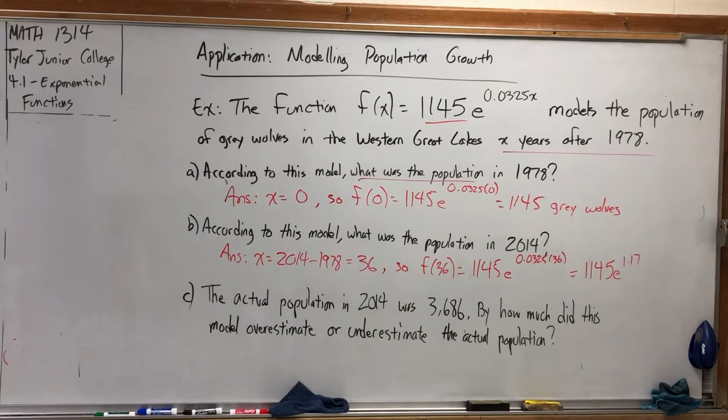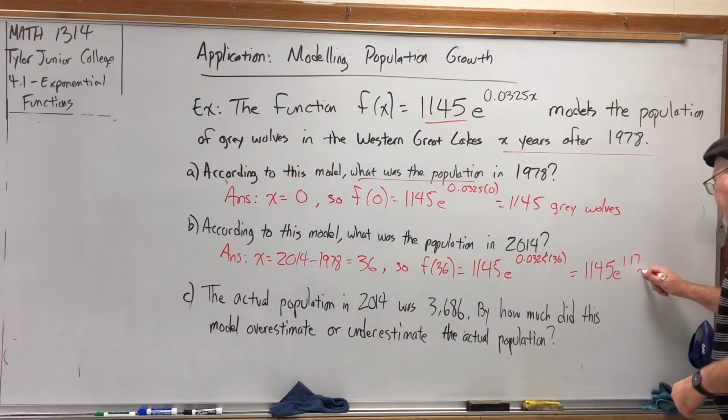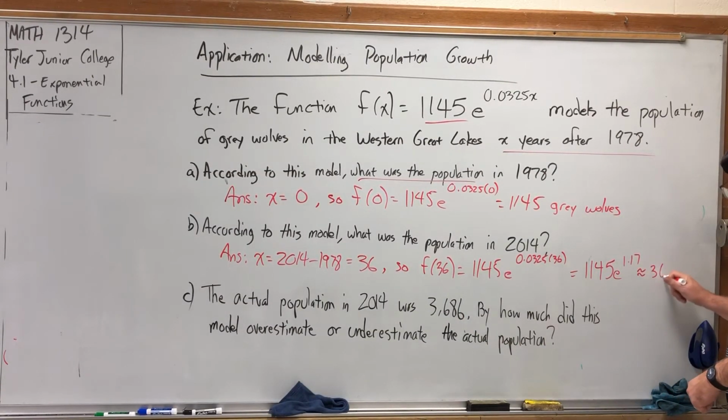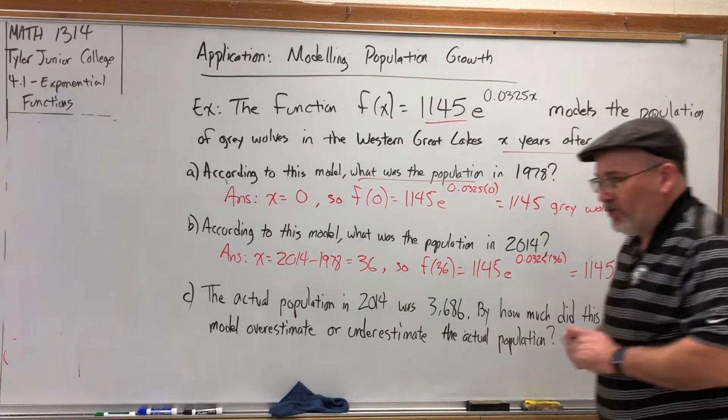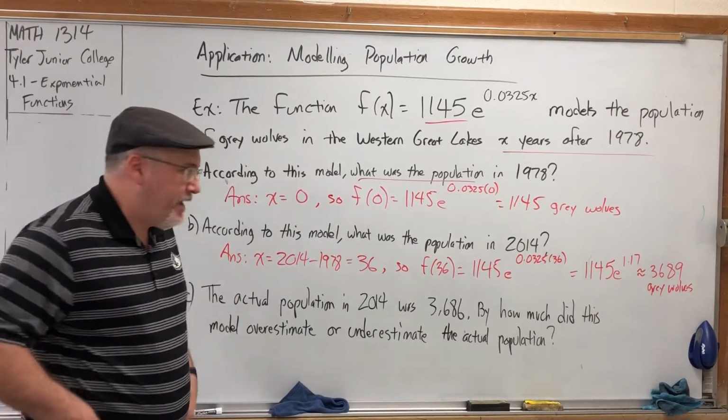Let's focus. There we go. 3,689. Approximately 3,689 gray wolves. We got a third part, which kind of follows up on the idea that a model is rarely ever perfect because it's hard to predict things that are chaotic in nature.